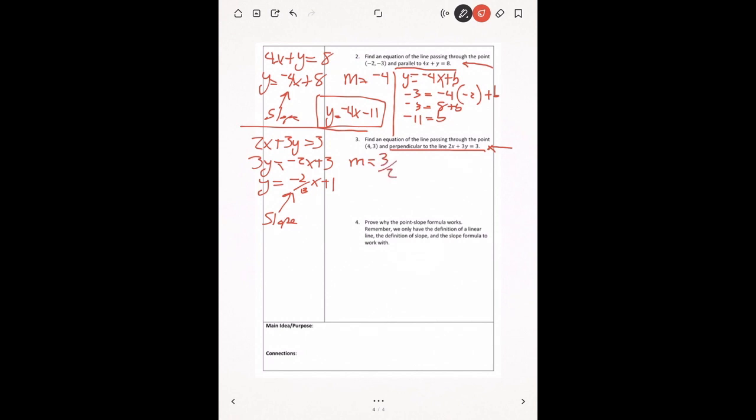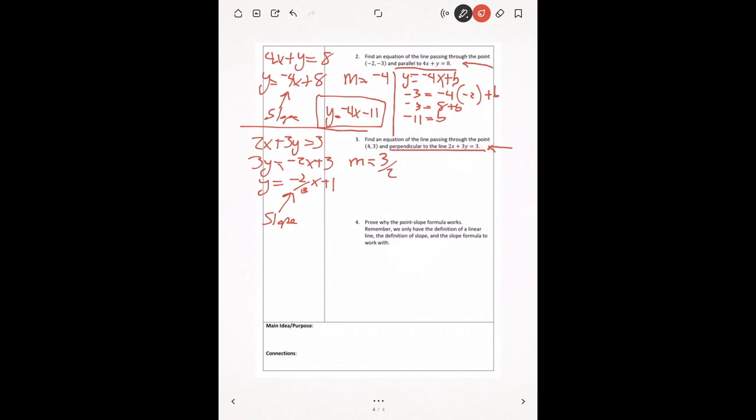Remember, perpendicular lines have slopes that are negative reciprocals. Reciprocal means flip the fraction, so if you have 2/3, make it 3/2. And then take the opposite sign. If one slope was negative, mine is going to be positive. If theirs is positive, mine is going to be negative. So that's what the negative reciprocal means: you flip the fraction and you flip the sign.